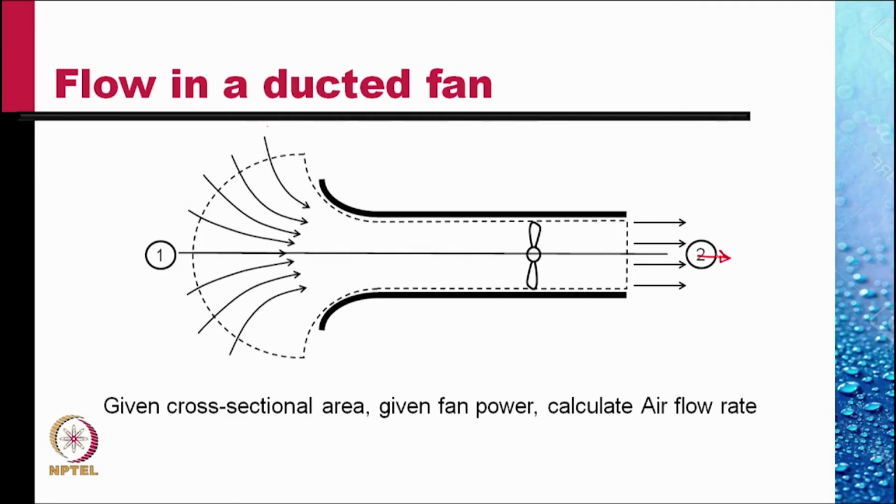So we assume this control volume. We assume a very large area at the inlet. The air is coming from all sides. The pressure is atmospheric there and the velocity is very small because the area is very large.